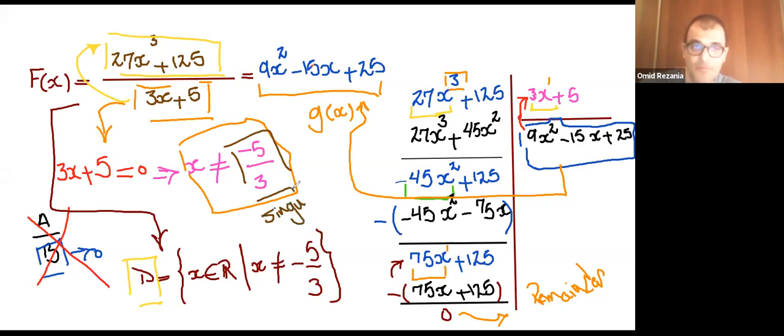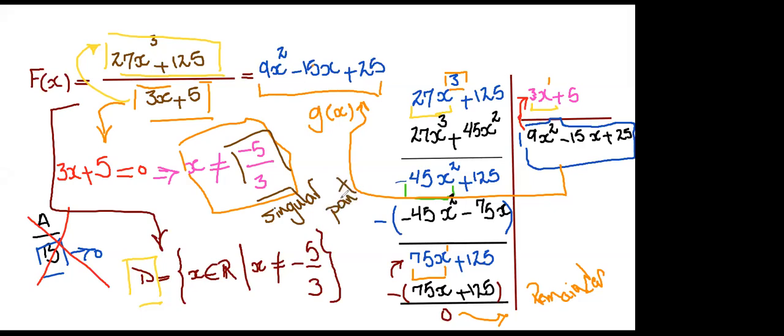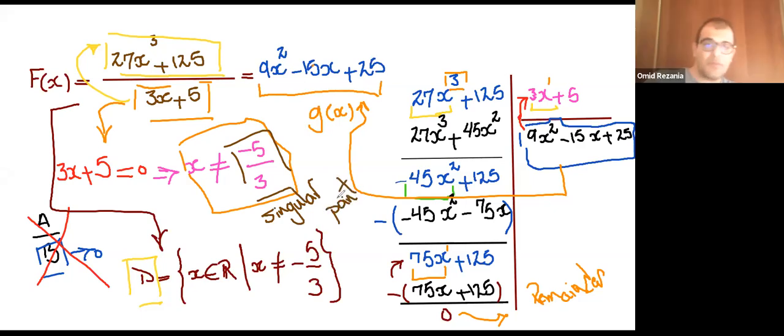Have you heard that before? No. They call that a singular point. But when you plot the functions, you will not even see that the function is defined on the graph. That's why you say that this point seems to be an odd point in the domain of the function.